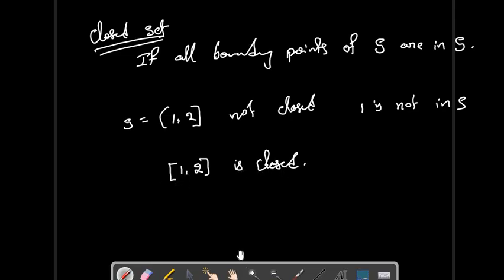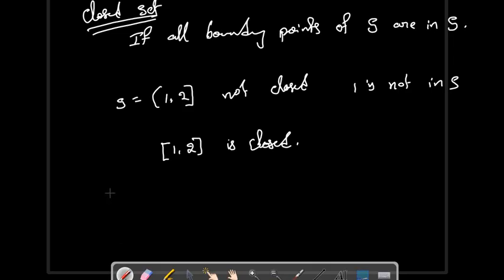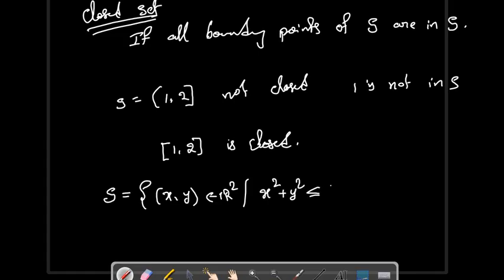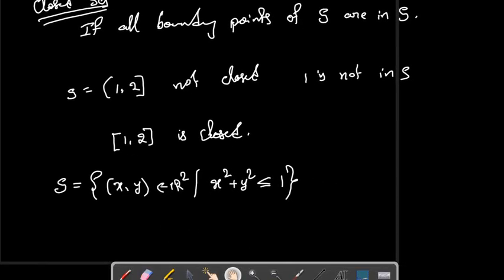Now let's look at the two-dimensional case. If I take a set to be all (x, y) in R2 such that x square plus y square is less than or equal to 1, what does it represent? It represents a circle centered at the origin with radius 1, and the boundary is also included. You consider all points inside this set.